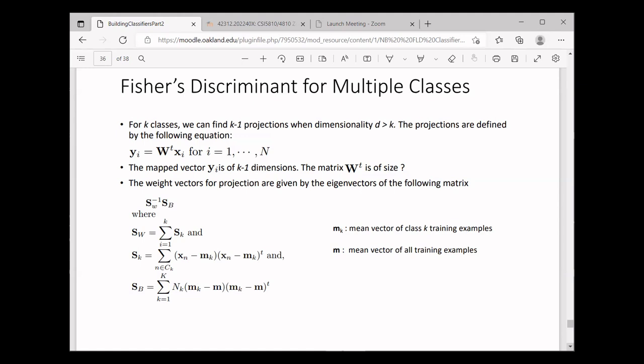So basically you need more than one weight vector. You find m minus one weight vectors, again through the use of those scatter matrices. And instead of taking just the largest eigenvalue of those scatter matrices, you take a couple of other eigenvalues and eigenvectors, similar to what you do in PCA. And you end up with dimensionality reduction.